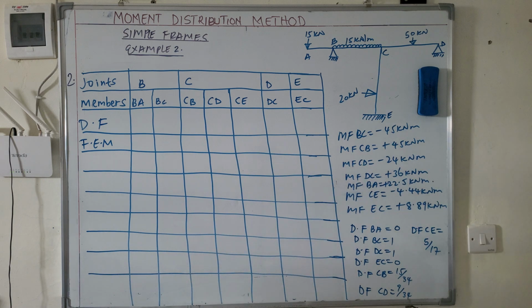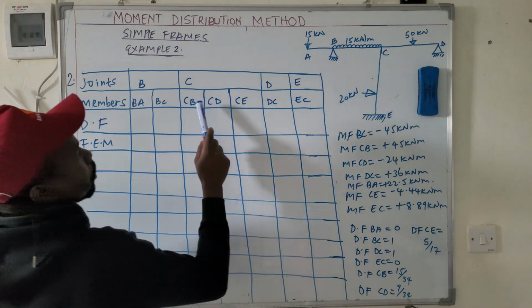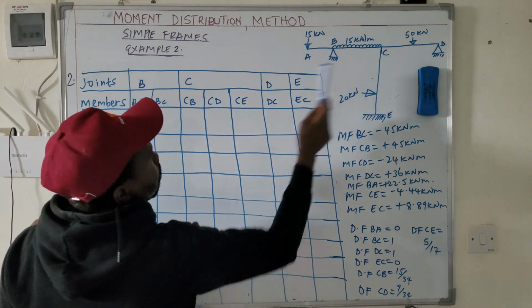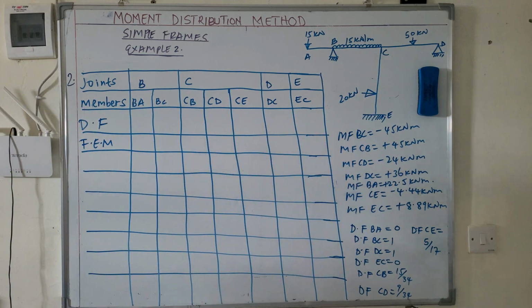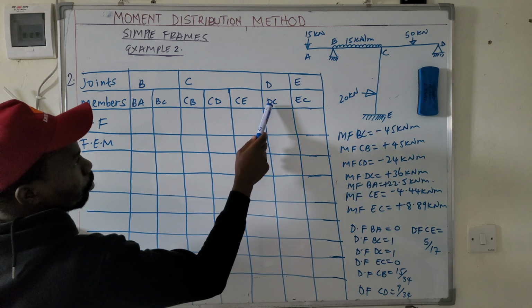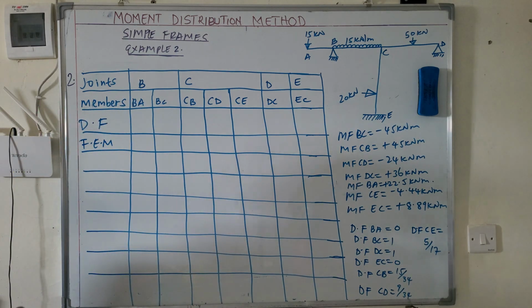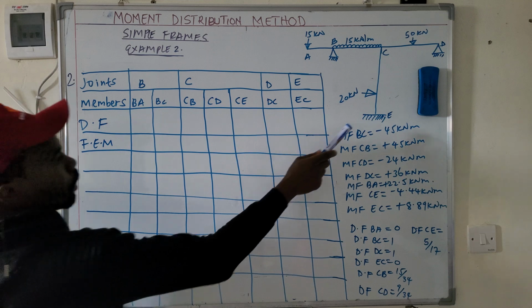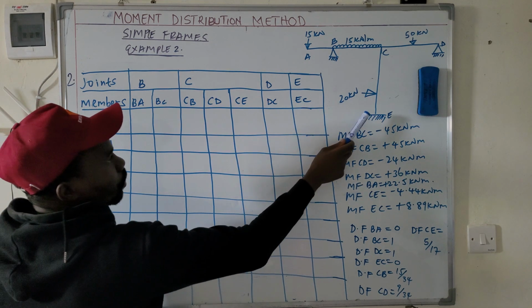We proceed to joint C. Joint C has member CB, CD, and CE. We proceed to joint D. Joint D has only one member, member DC. Again, we proceed to the last joint, which is E. It only has one member, member EC.